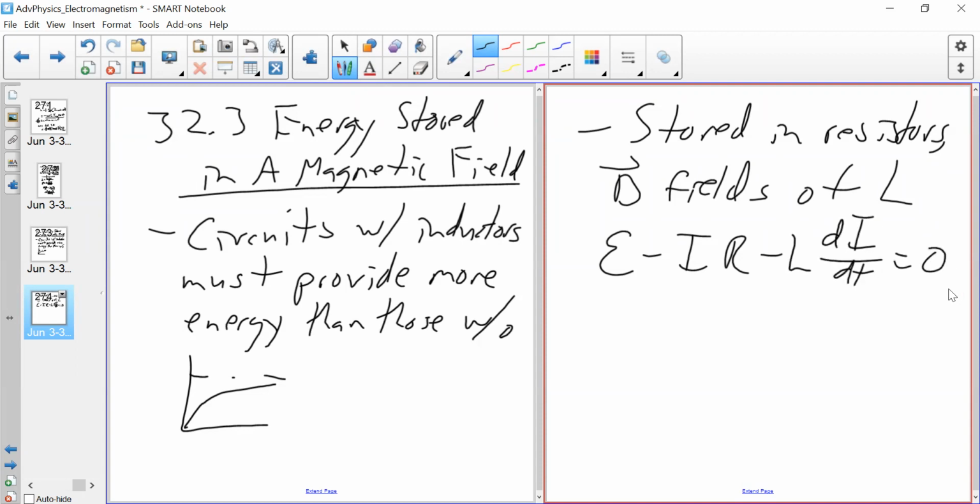The sum of all those voltages is equal to 0. So now if we set E equal to IR plus L di dt, and we multiply each of these terms by I.